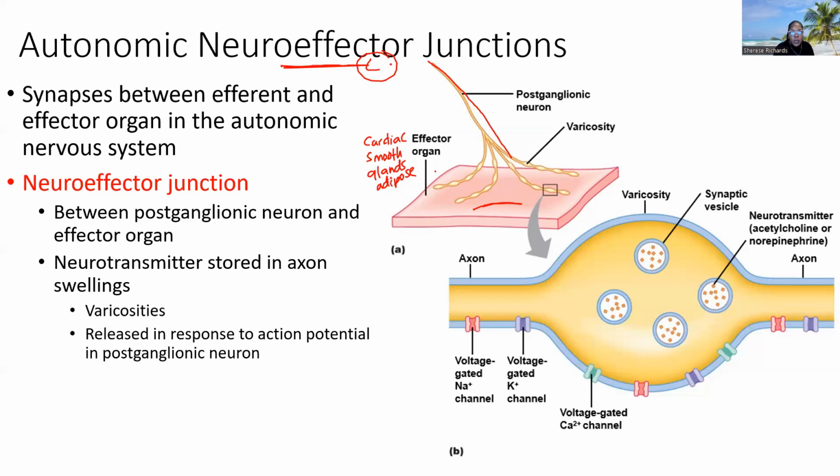The other difference between this junction and a traditional synapse is that we're going to have varicosities. These varicosities are swellings along the end of the neuron.